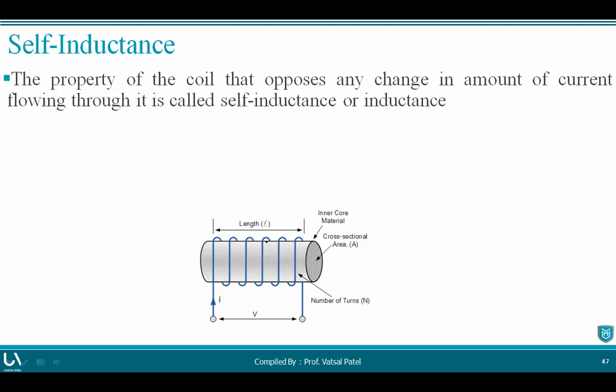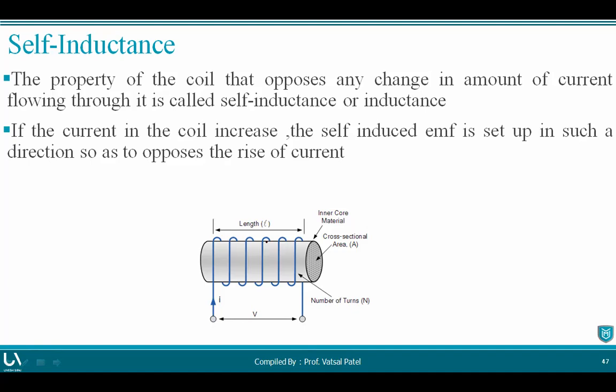This is specifically identified for the coil, right? Not for the conductor. It is for the coil. So when you say you have a coil, there will be inductance. That is the property of the coil that opposes any change in the amount of current flowing through it. That is what we call self-inductance or the inductance.